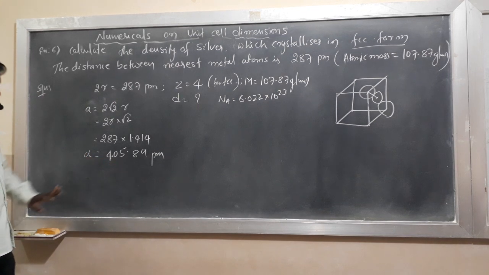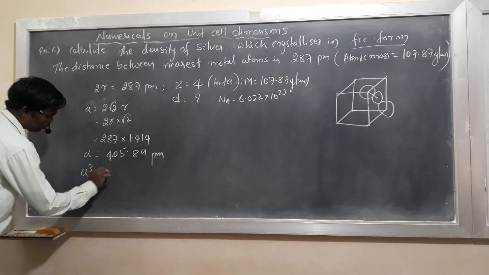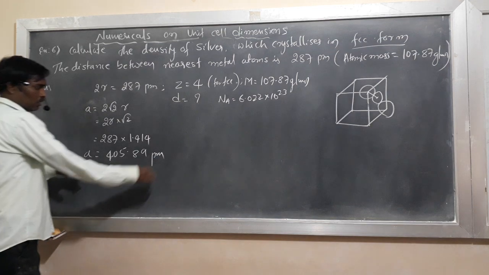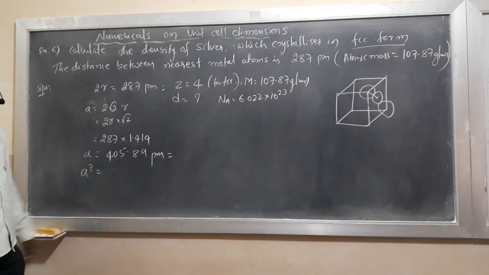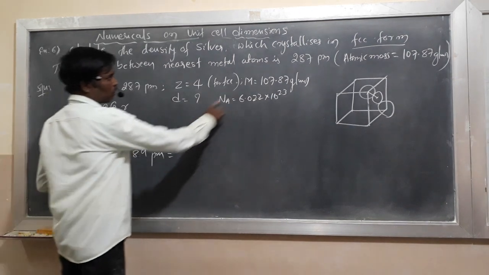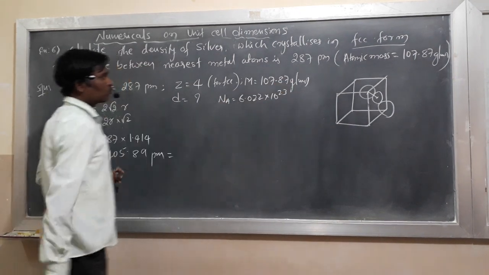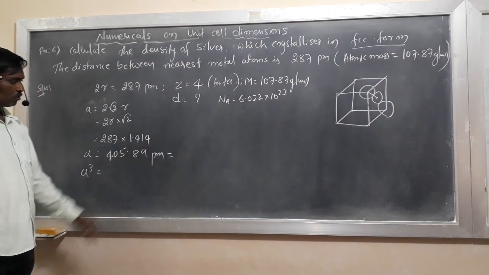Let me calculate a cube here only. a cube equal to cube of this. Before finding the cube of this, express this picometer in centimeter, because the atomic mass is already expressed in grams per mole. So convert this picometer into centimeter.